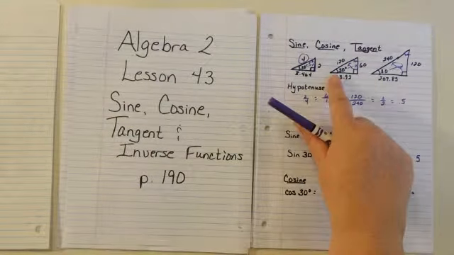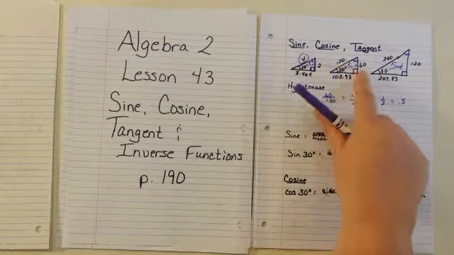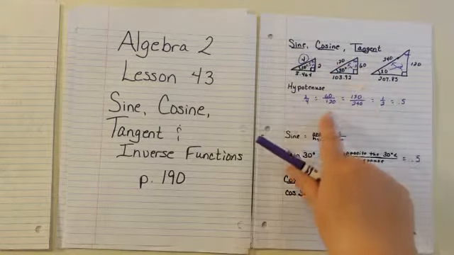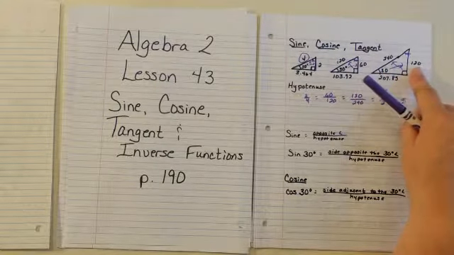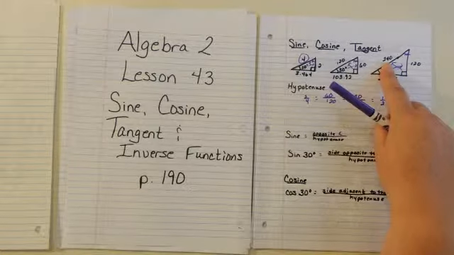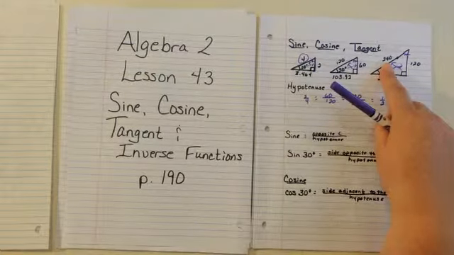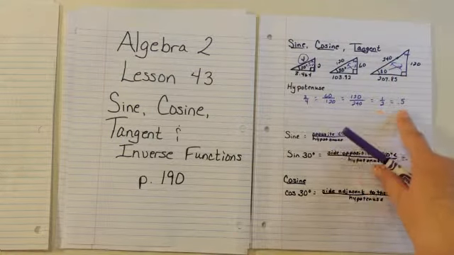For this triangle, the ratio of the side opposite the 30-degree angle over the hypotenuse is 60/120. For this triangle, it is 120/240. In all three cases, when you simplify these ratios, you get 1/2, or 0.5.